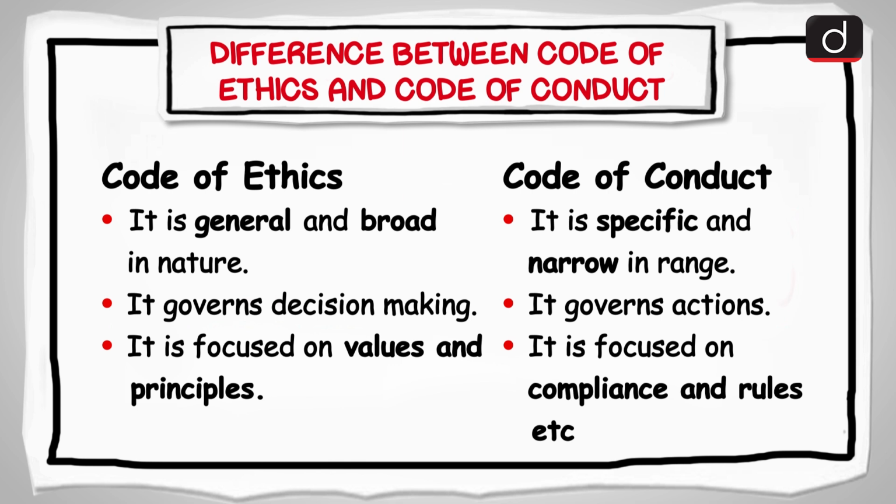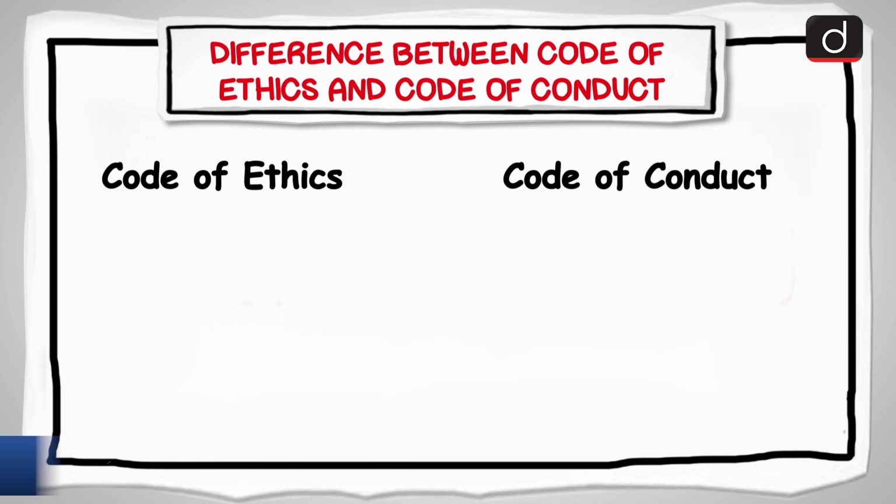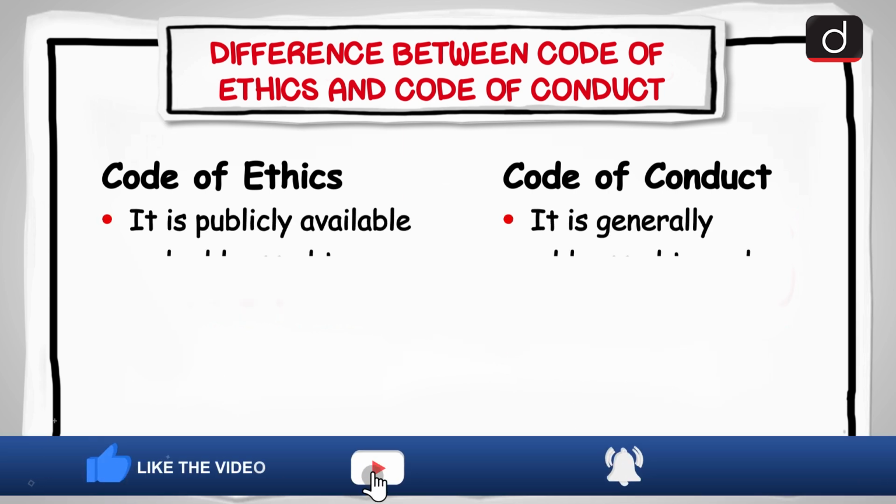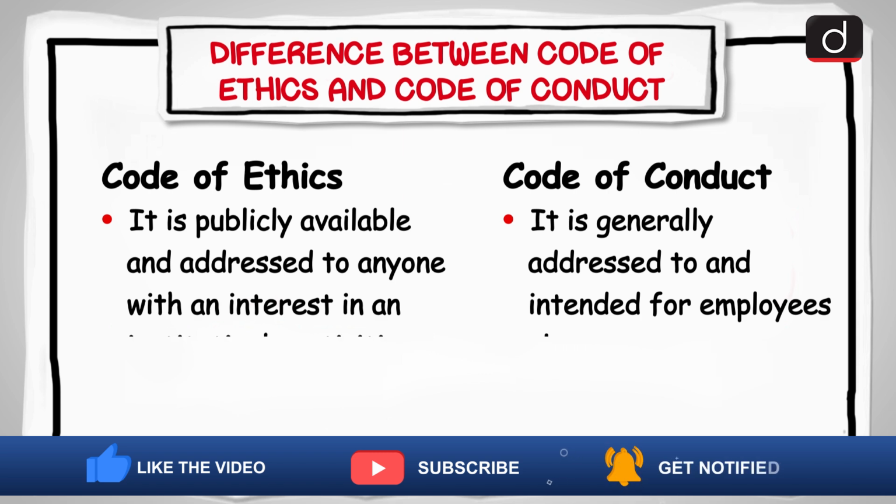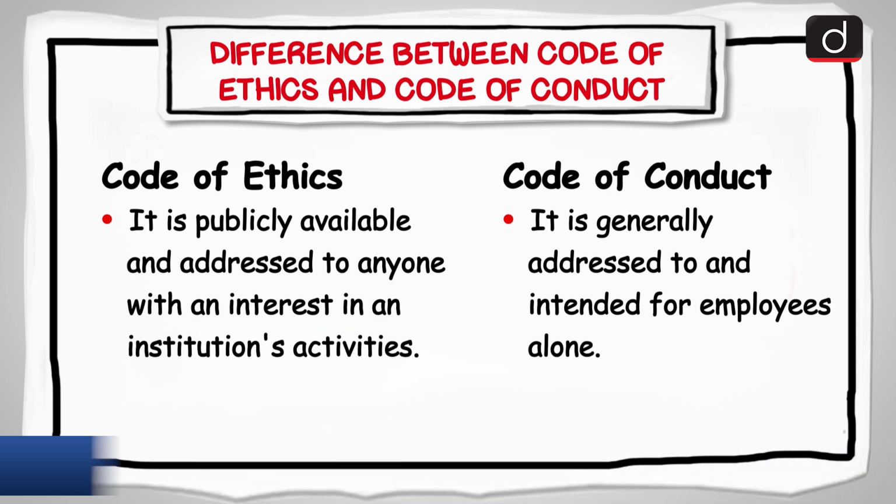Code of Ethics is focused on values and principles, whereas Code of Conduct is focused on compliance and rules, etc. Code of Ethics is publicly available and addressed to anyone with the interest in an institution's activities. Code of Conduct is generally addressed to and intended for employees alone.